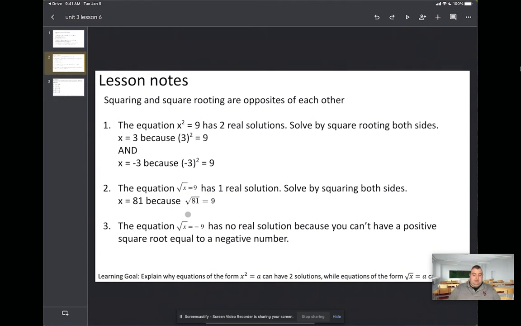That would mean a positive number would have to be equal to a negative number, which is obviously not mathematically possible. So when you have the positive square root of x equals a positive number, that's going to have one solution. But if I have the positive square root of x equals a negative number, it's not going to have any solution at all.